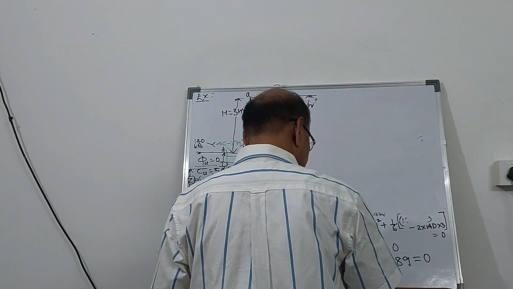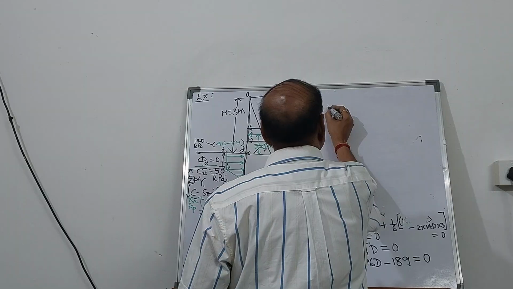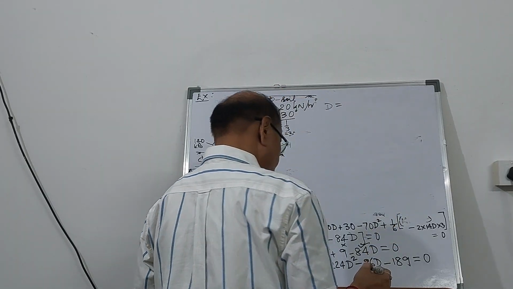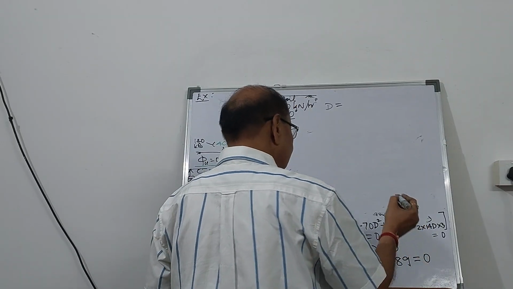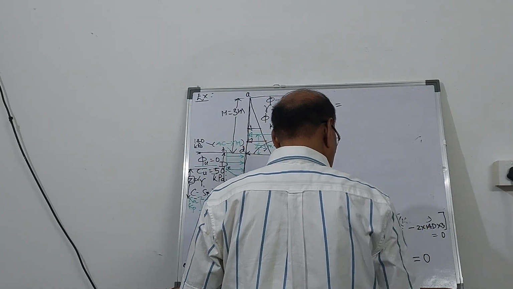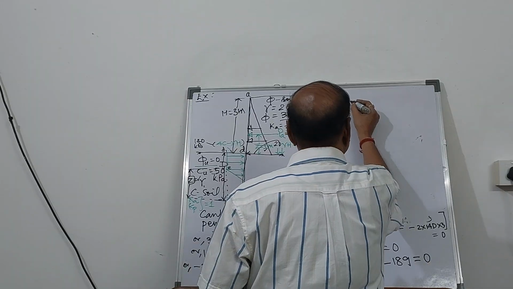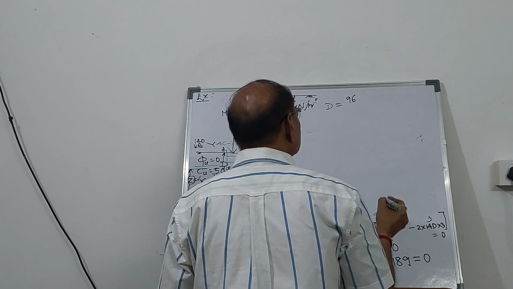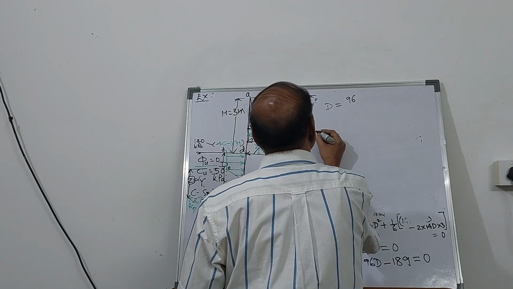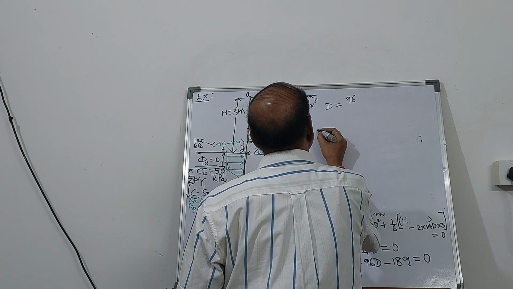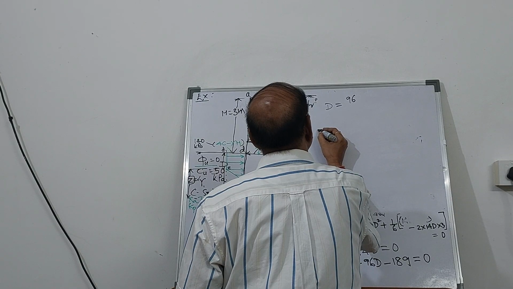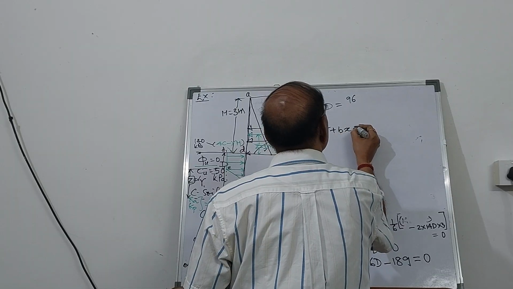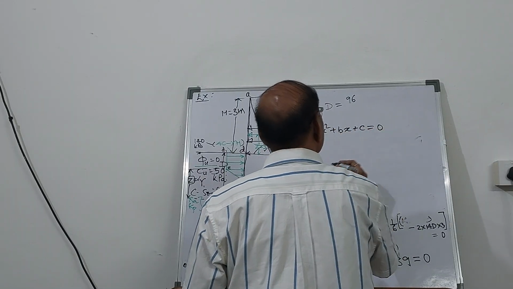Or you can directly find out the root. That is, ax square plus bx plus c equal to 0.